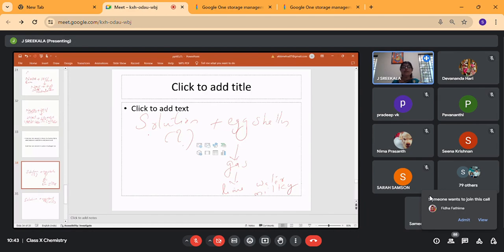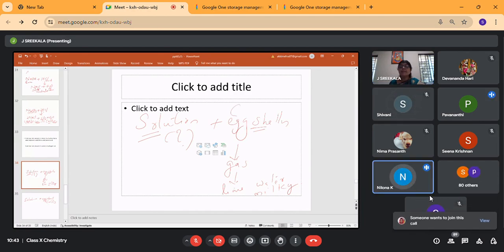A solution treated with eggshells. What is eggshell? Calcium carbonate, CaCO3, is present. We learned about sodium carbonate with HCl, isn't it? Now a solution reacts with calcium carbonate and produces a gas. What must be this gas to turn lime water milky?